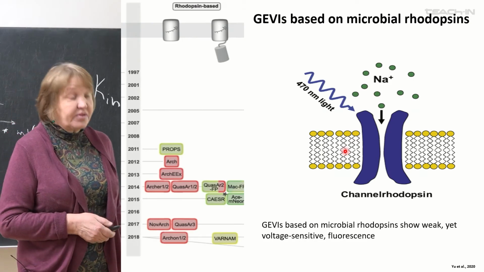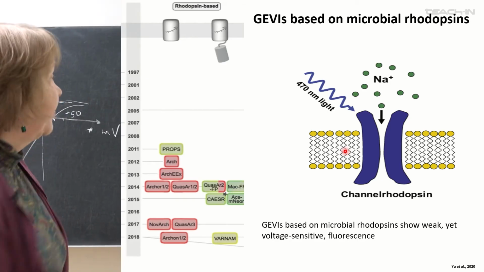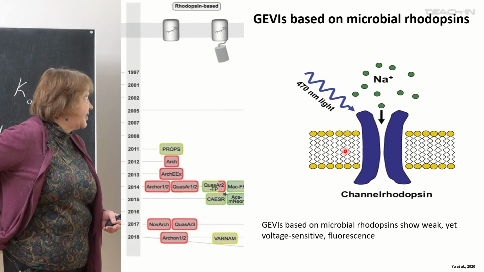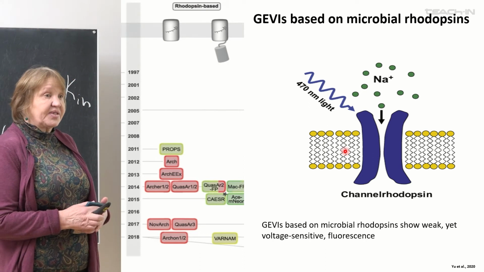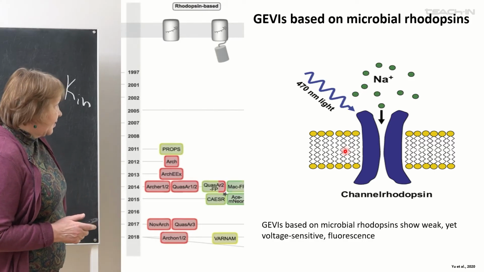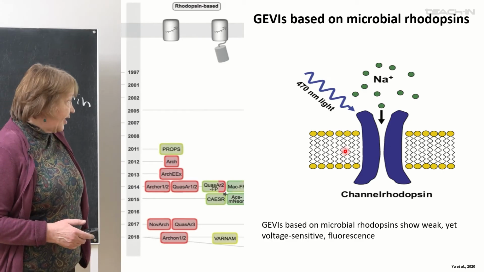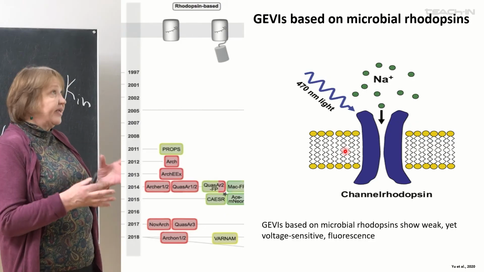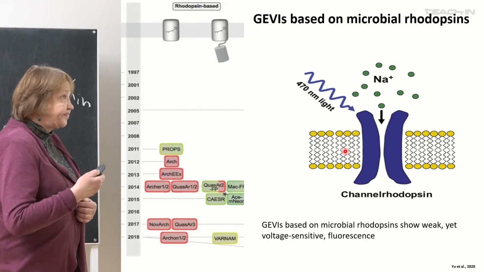So microbial rhodopsins. These are genetic voltage indicators based on microbial rhodopsins. So you know what rhodopsins are, right? They respond to light, and they show weak but very clear voltage sensitive activity.